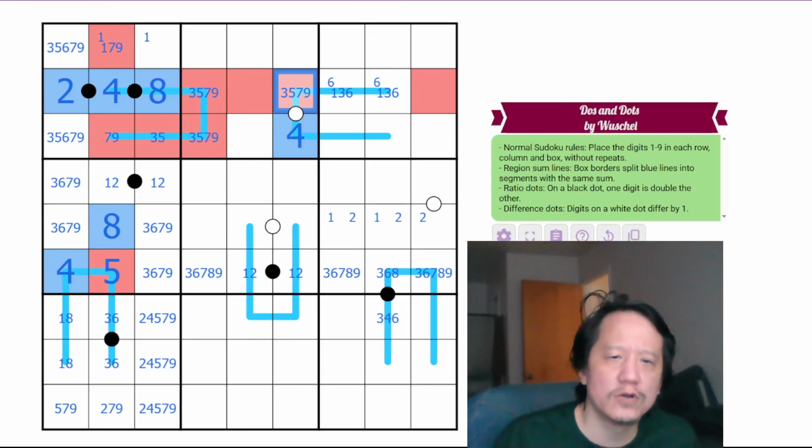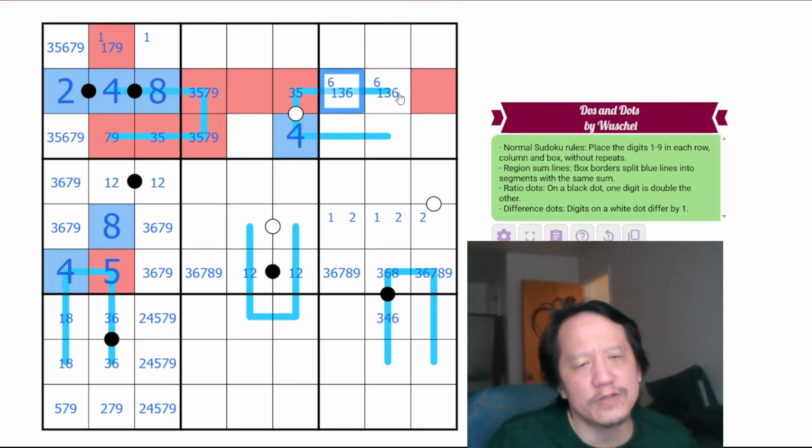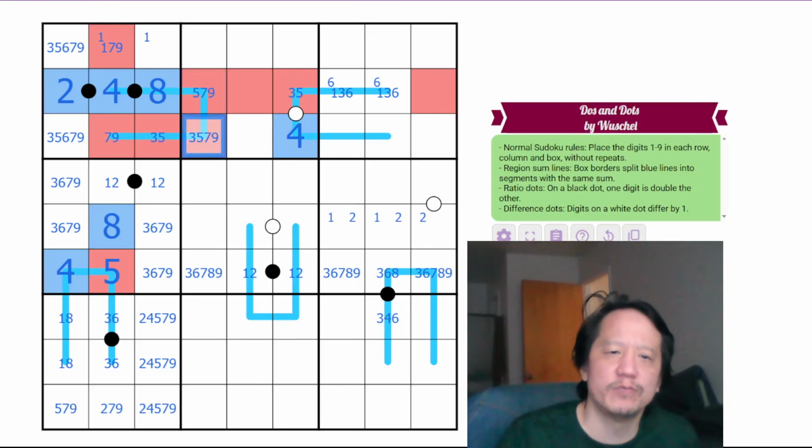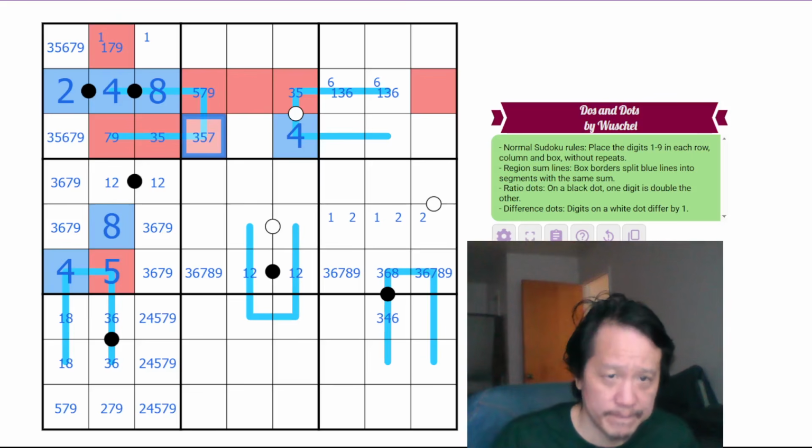So 4 cannot be, again, it's 3 or 5 there. So either this is 3 and 6, which means this is 5, and that can't be 3. Or this is 3 here, which means this can't be 3 either. So 3 can never be there. That can't be 9.